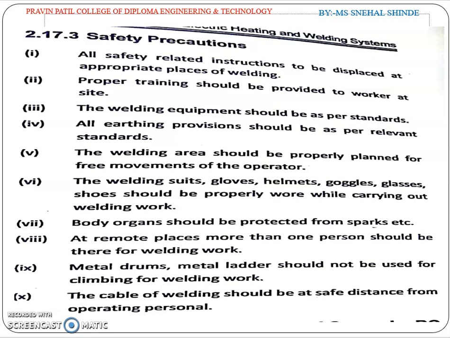So we end here the chapter on the electric heating and welding system. It is normally of two parts. We have studied what electric heating is, the main basic principle, and the second part was electric welding. Heating has a number of applications, like the food industry, annealing, and hardening of metal. It has huge applications.